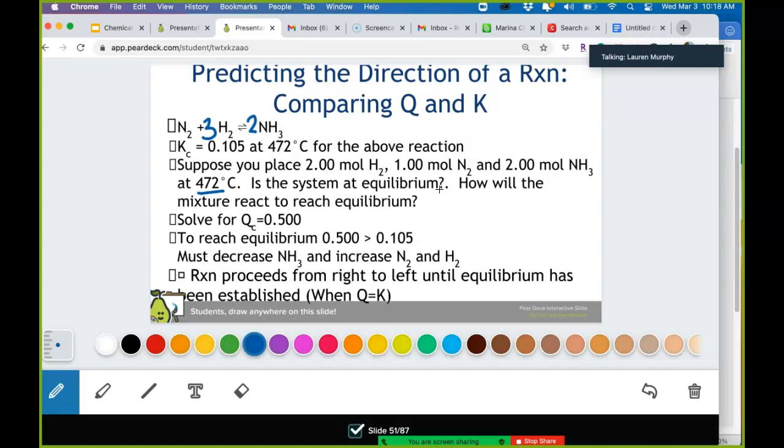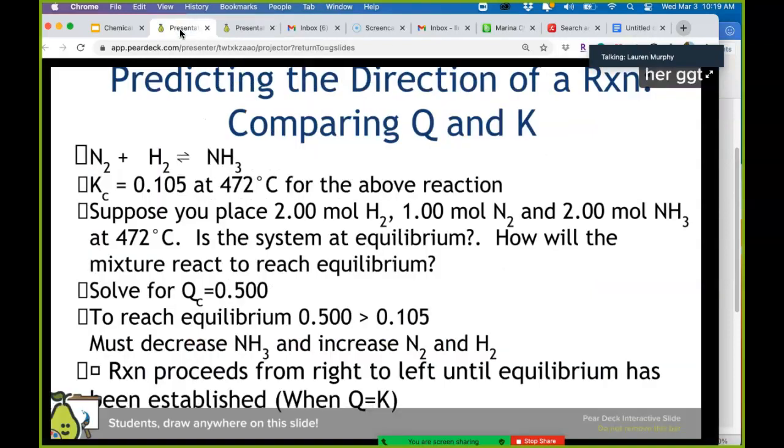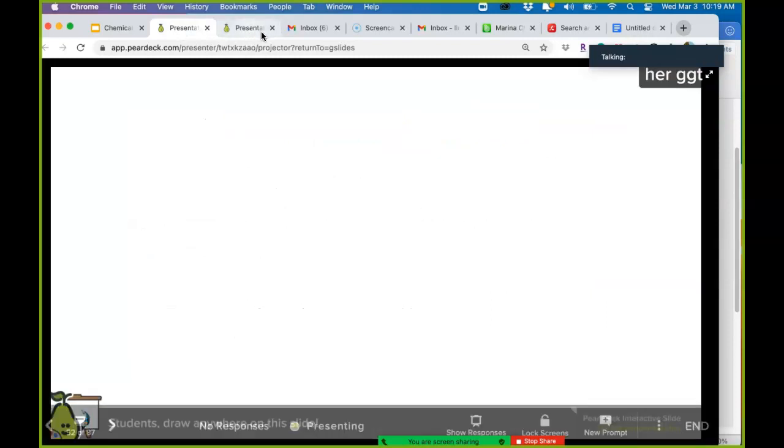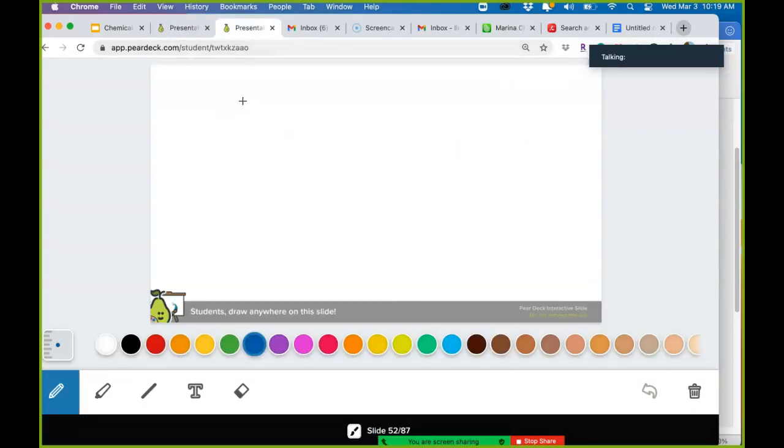Now they ask you, is the system at equilibrium? Well, the only way to know that is to solve for Q, because we don't know if the system is at equilibrium. Q, meaning I don't know if I'm at equilibrium, still equals products over reactants raised to their respective coefficients.